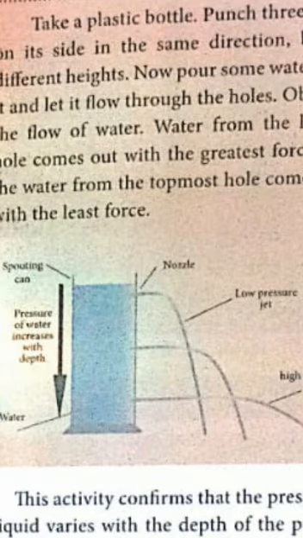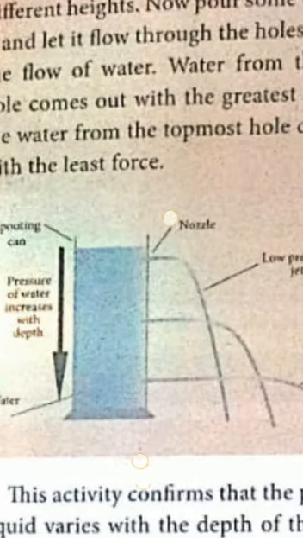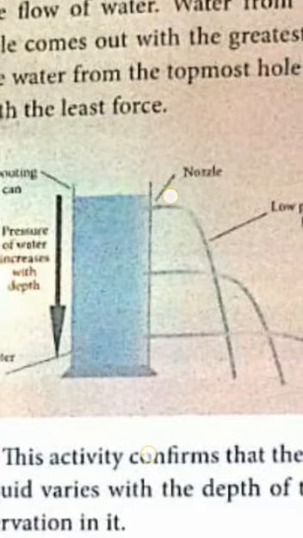So what is the reason for the variation in pressure? Here the depth of the holes varies. The lowest hole has more depth and the topmost hole has less depth. That's why in the topmost hole the force is less, and in the lowest hole the force is more.